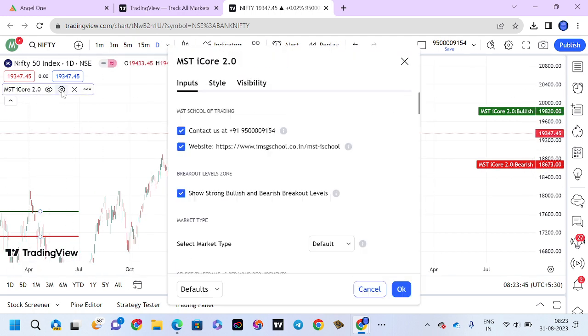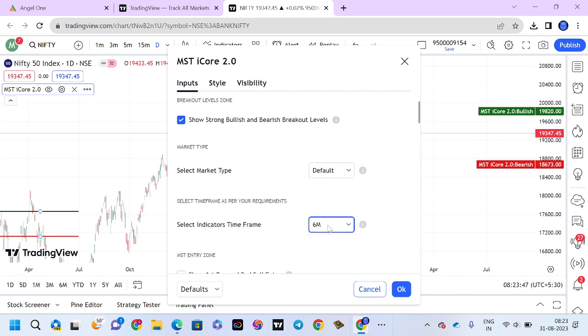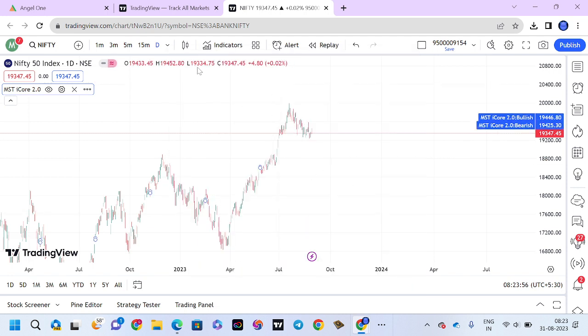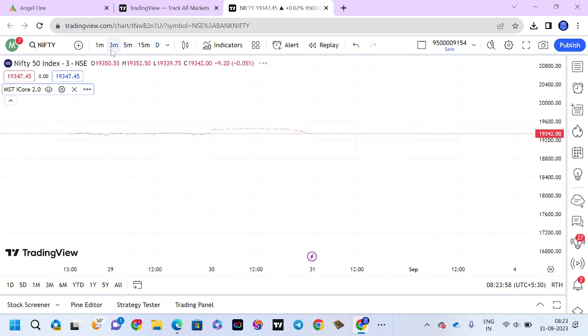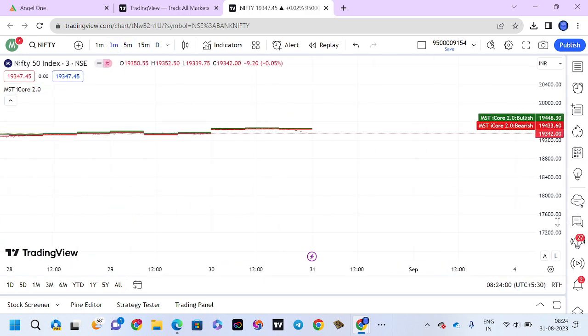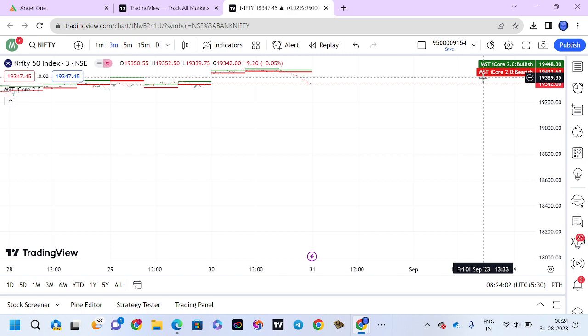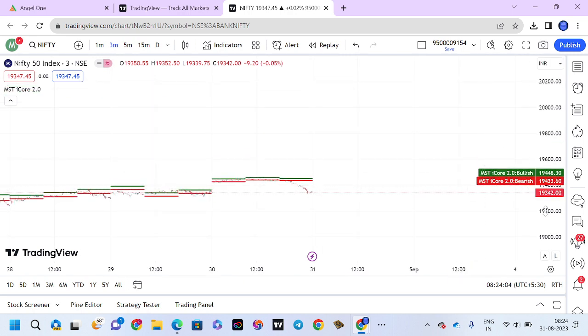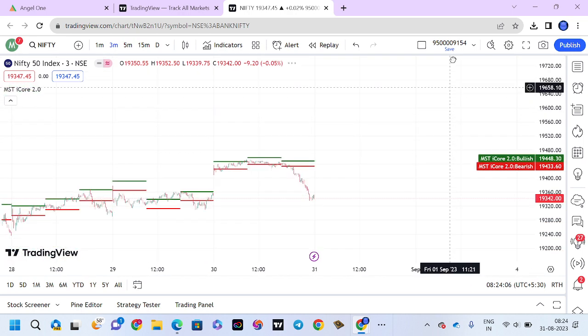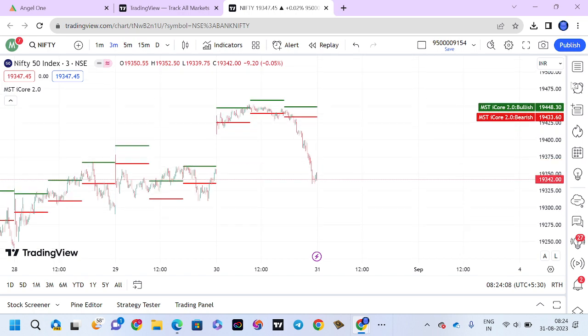What is the next thing we have given? This 125. This is for intraday. You can keep it. There is a secret behind this 125. Okay, in the NSE market, see the thing.